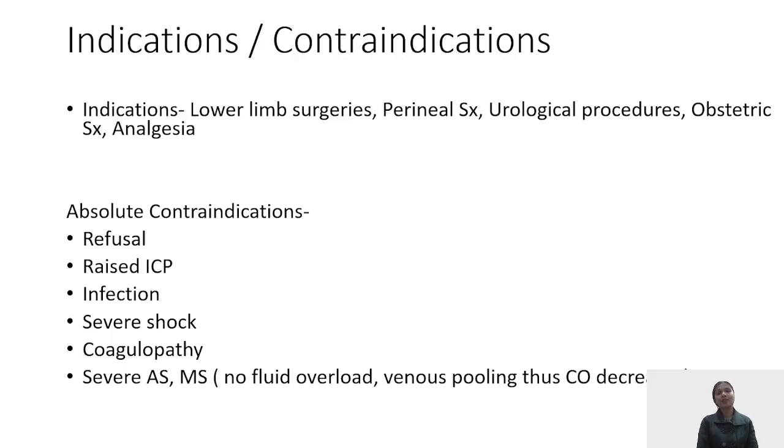So please don't get confused that the indications for spinal anesthesia are confined only to below umbilicus surgeries. Vastly it is below the umbilicus, but yes, these days it is used above the umbilicus too, but with caution.